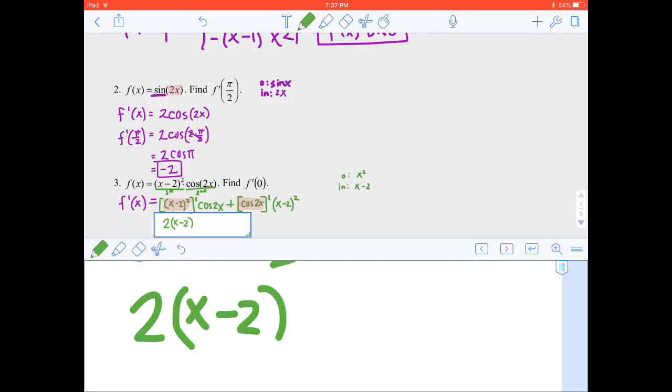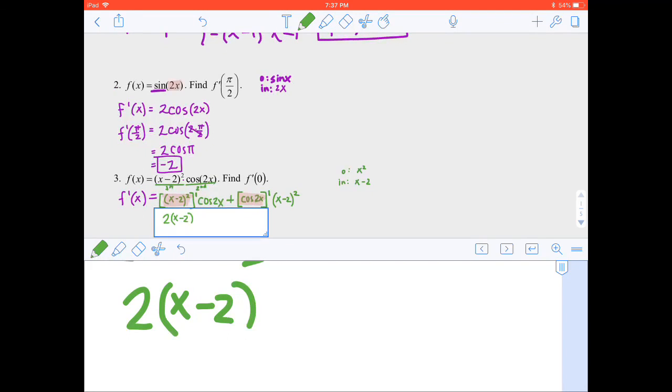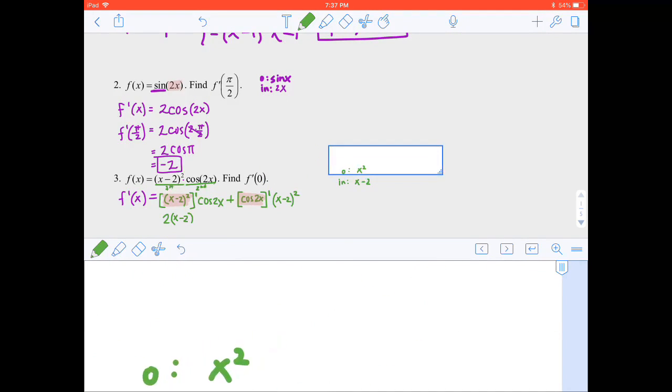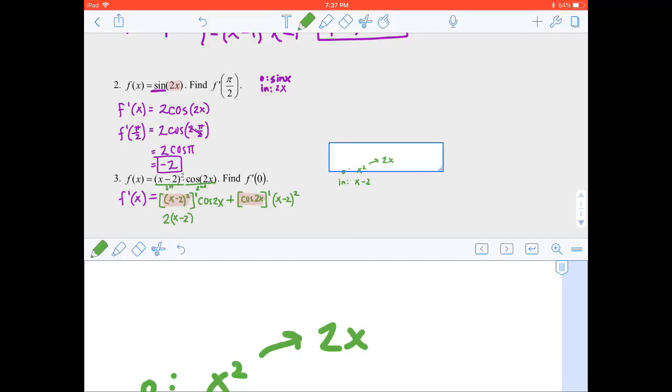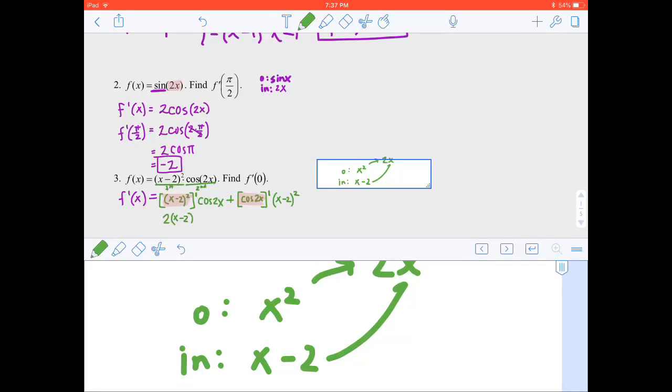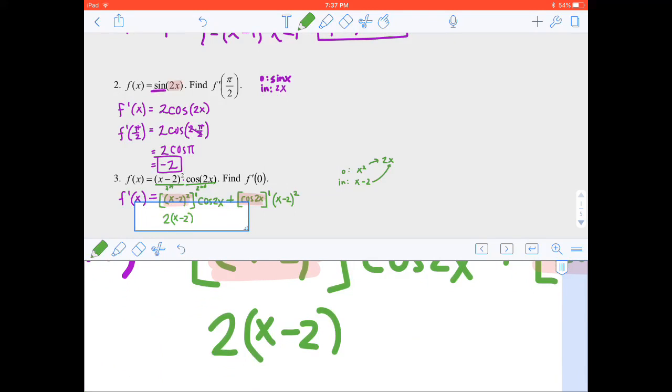Well, the derivative of x minus 2 is just 1. So I could technically write times 1, but I'm just going to save the space there and just write 2 times (x minus 2). So that's my derivative of the outside. That derivative is 2x, but I plug the inside in there. So that's how it becomes 2 times (x minus 2).